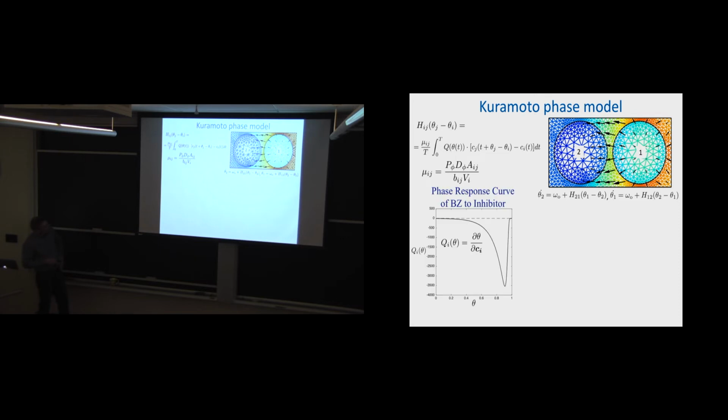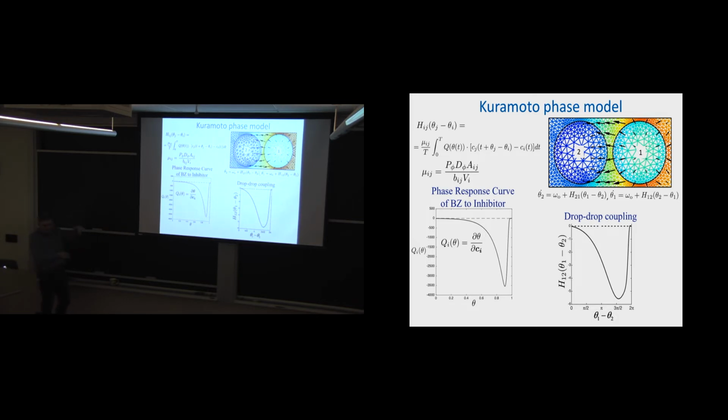And so this is the phase response curve, and this is the drop-drop coupling. So this is how much one drop influences a neighboring drop per cycle, depending on how different those drops are in phase. And this you calculate completely from the higher-level theory, where the chemists have spent 40 years validating all the rate constants.